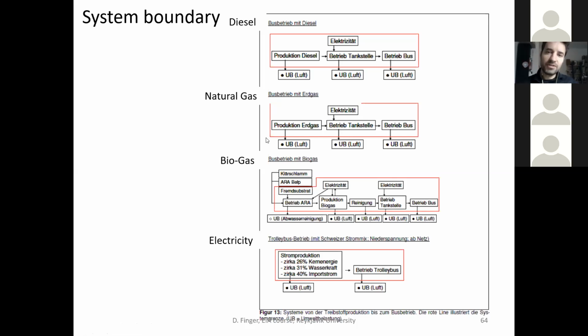So in our system boundary, the operation of the sewage treatment plant was excluded for running biogas buses. However, the operation of the biogas reactor within the sewage treatment plant was included.